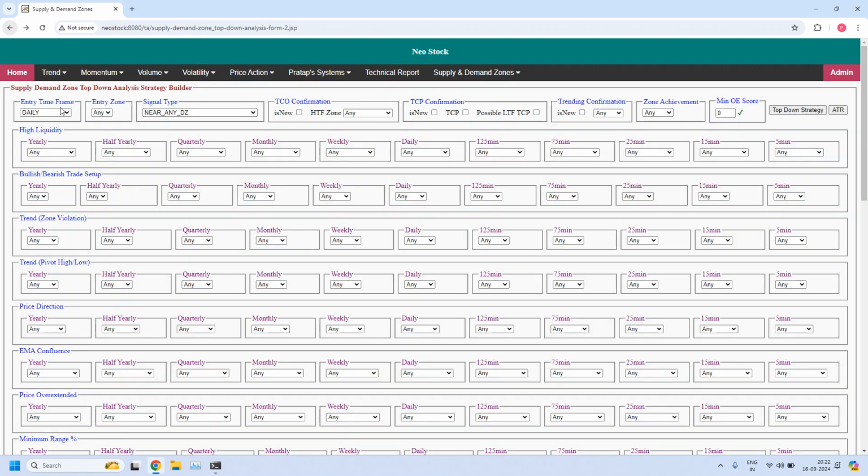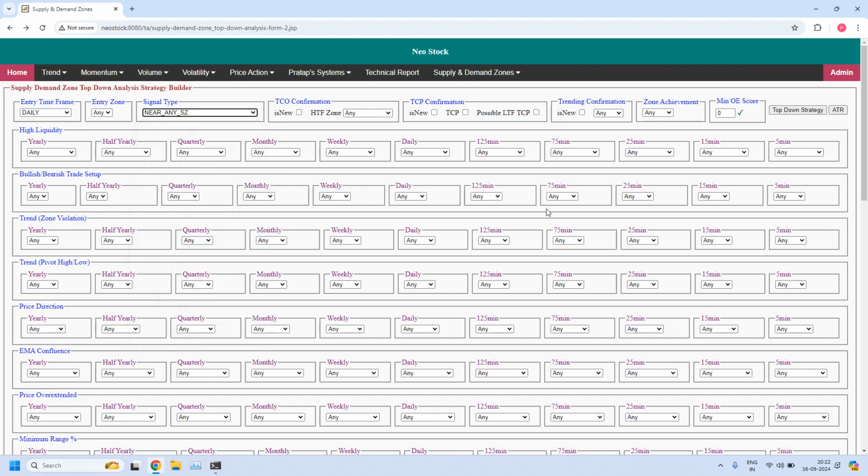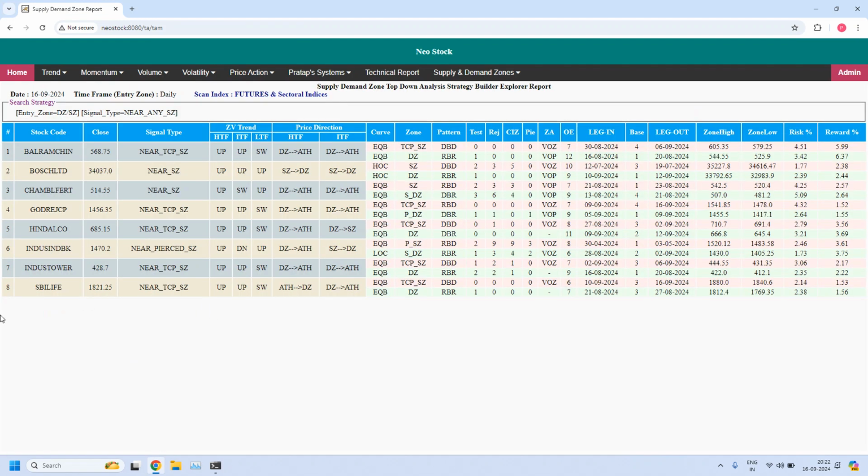Okay, the next one is for the daily time frame. Let us find the stocks near the daily supply zone. 8 stocks are filtered. Let's find any high liquidity zones. Balrampur Chini is the high liquidity daily supply zone. Chambal Fertilizers is also a daily high liquidity supply zone.